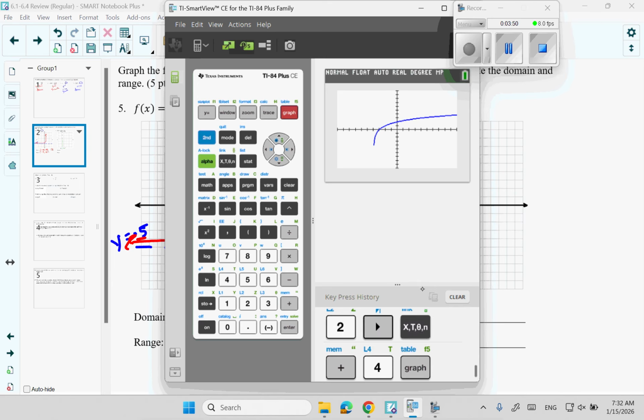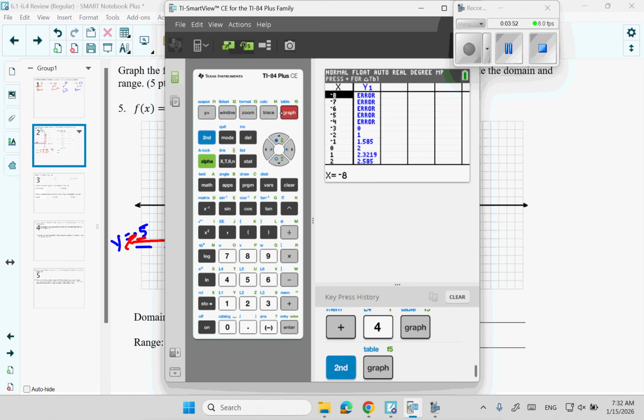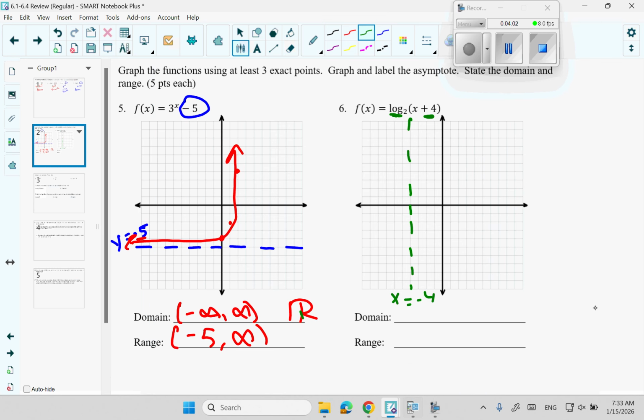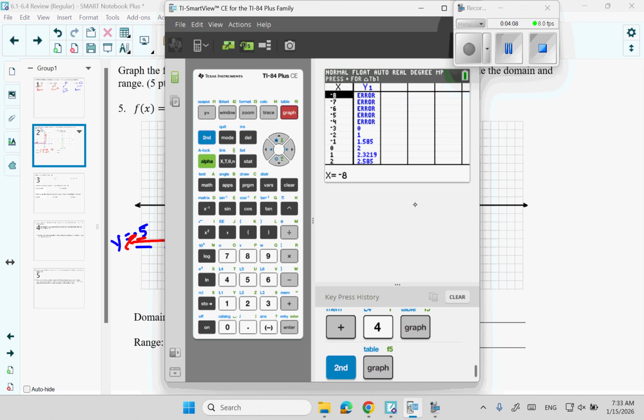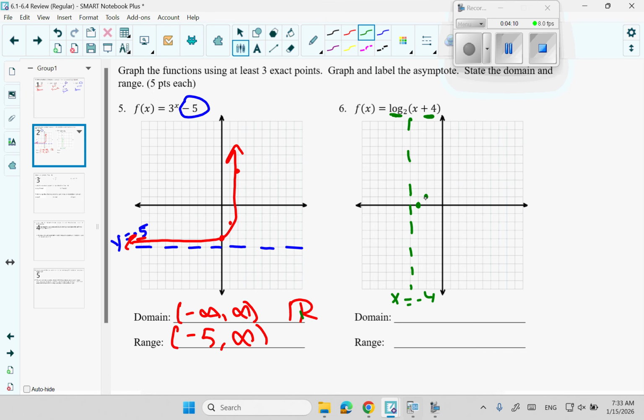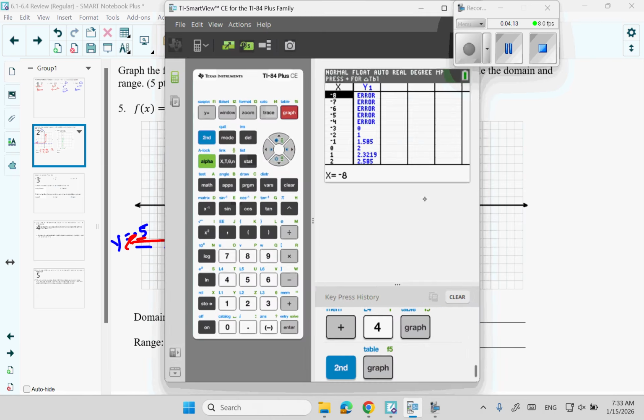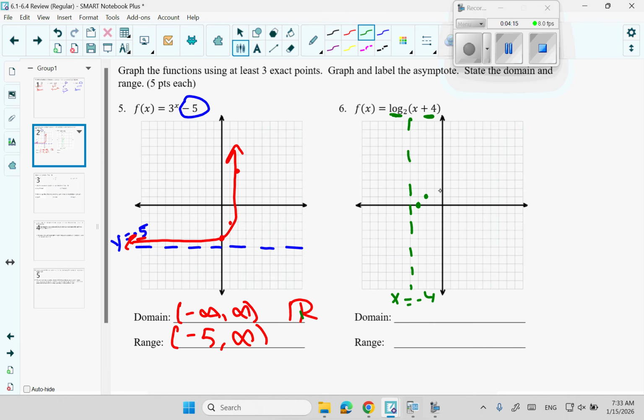So I'm going to need some coordinates, of course. So some good ones. And you can see negative 4 is the first place where an error occurs. So some coordinates: negative 3, 0; negative 2, 1; 0, 2. And of course, I'm getting that.